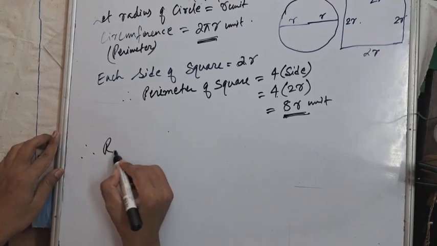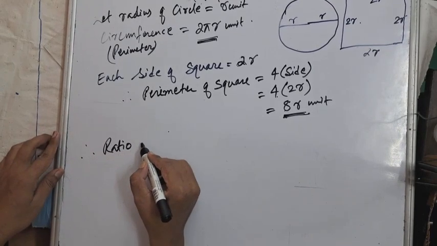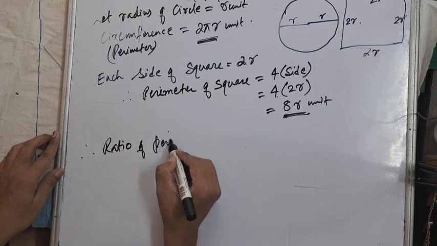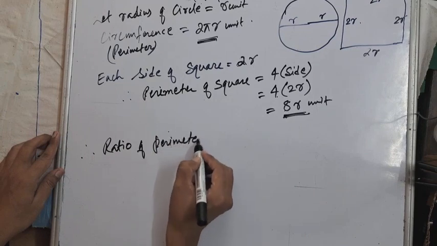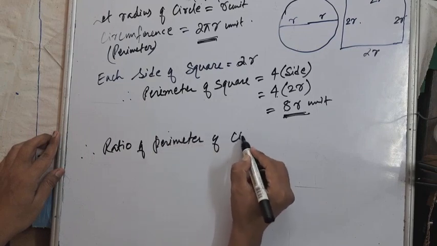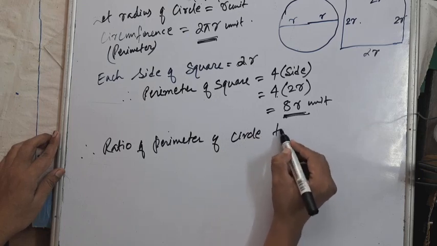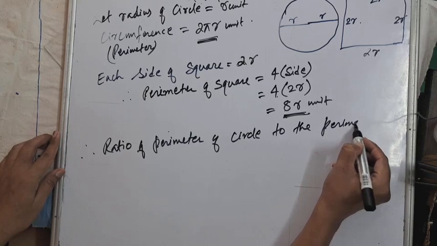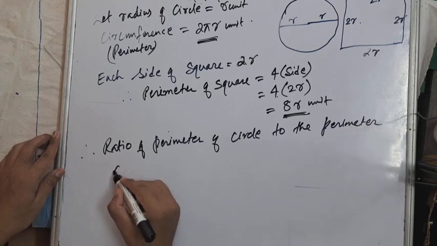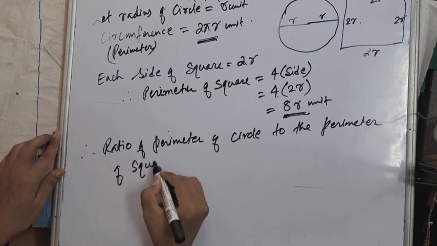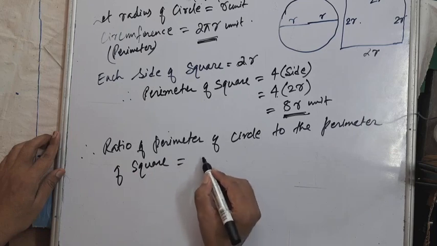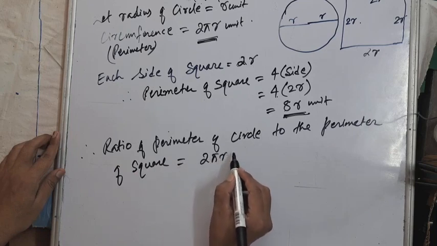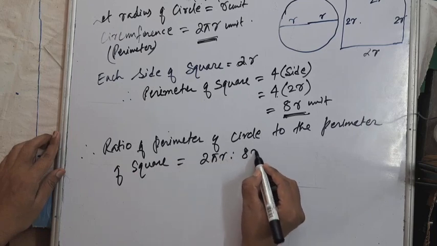Therefore, ratio of perimeter of circle to the perimeter of square is equal to 2 pi r is to 8r.